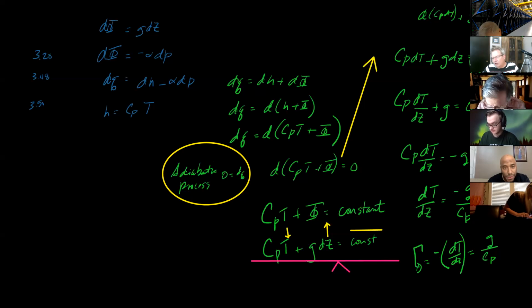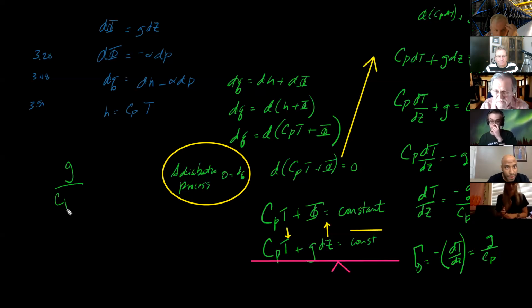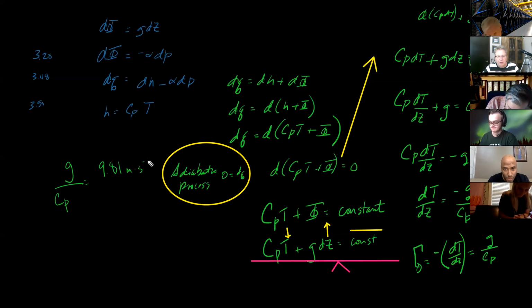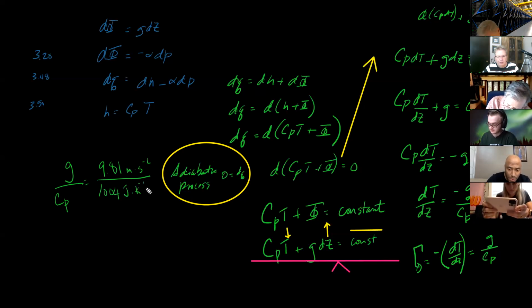So what you need to do is take out your calculator and calculate g over Cp, which is 9.81 meters per second squared divided by 1004 joules per degree per kilogram, or joules per kilogram per degree.